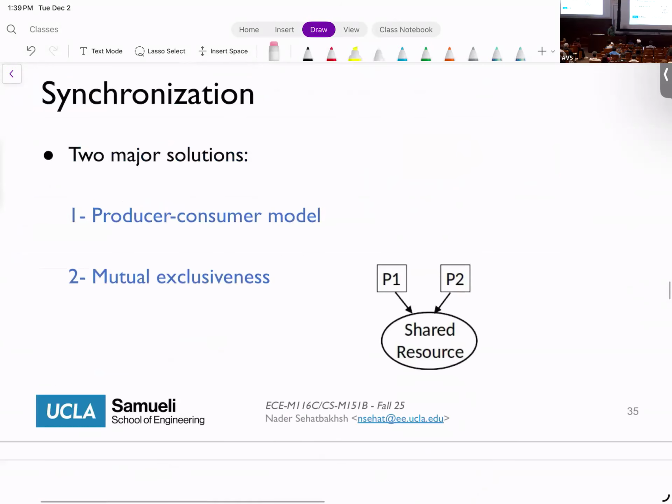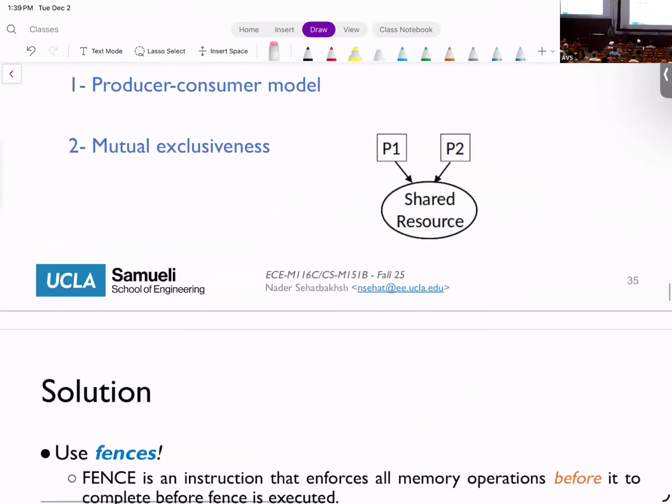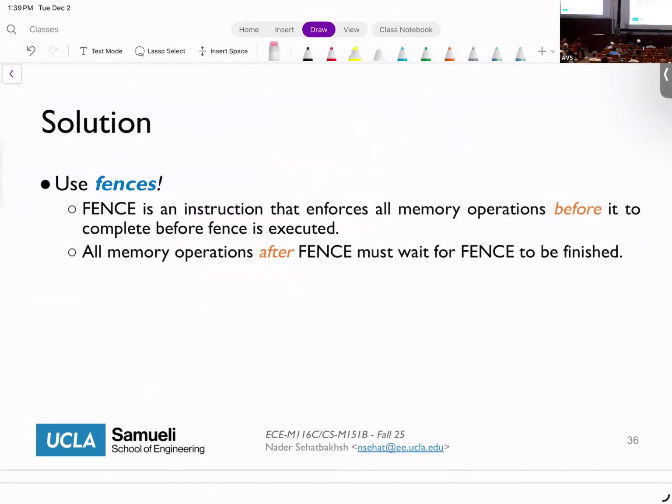So let's actually talk about this kind of model. The producer-consumer model is typically one of the key things that we enforce using a fence. So what is a fence? Fence is literally an instruction. RISC-V actually does have a fence instruction. What fence does is it serializes all the memory reads and writes from that instruction.